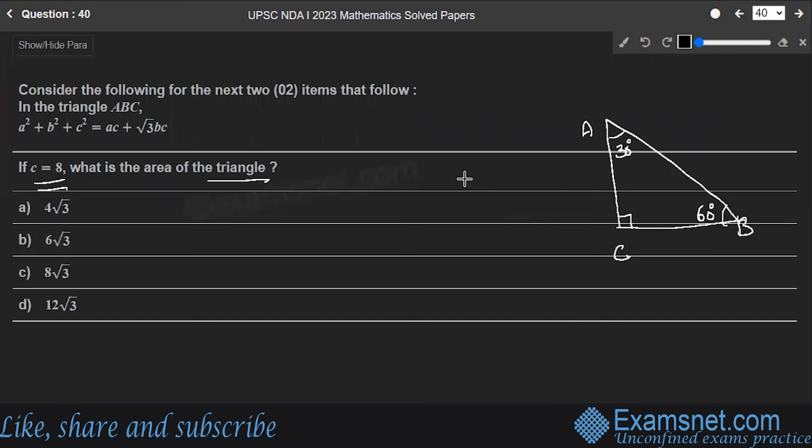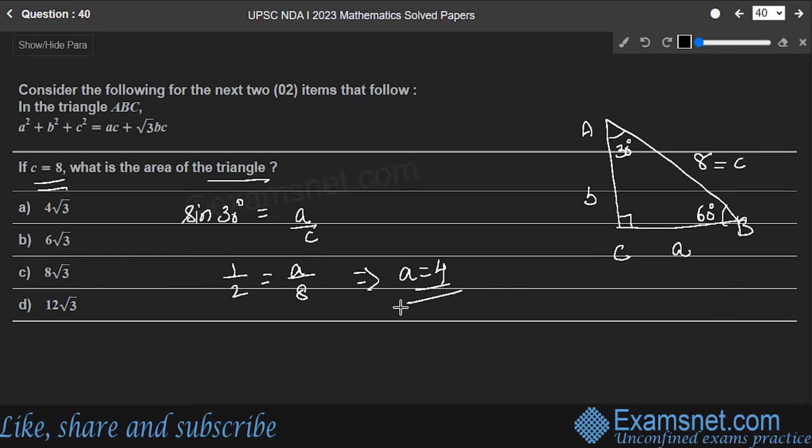Next, AC is given to you as 8. That means the hypotenuse is given to you as 8. This is A, this is B, and this is C. So sine 30 degree is equal to A upon C. That means 1 by 2 is equal to A upon 8, which gives you the value of A as 4.